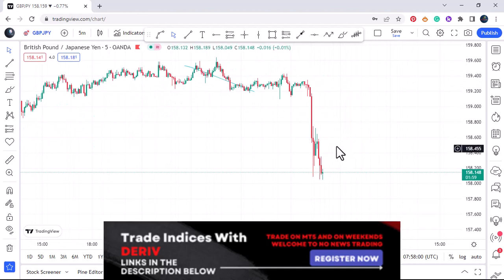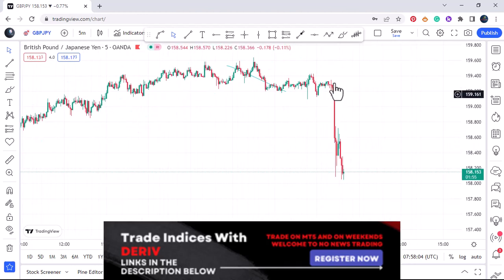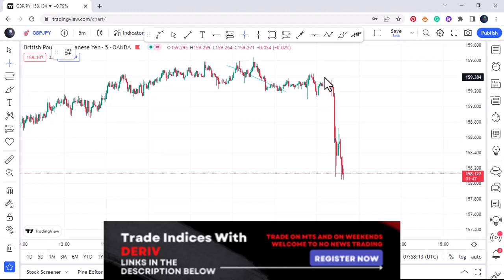So this is the GBP JPY, right? So what we are doing here is looking at this time where price actually retests. If you look down, you see it's 6:30, and my time is GMT +2. So we are saying it's 8:30 here.